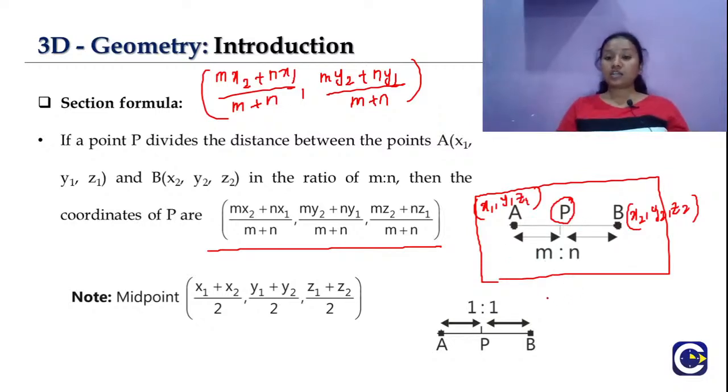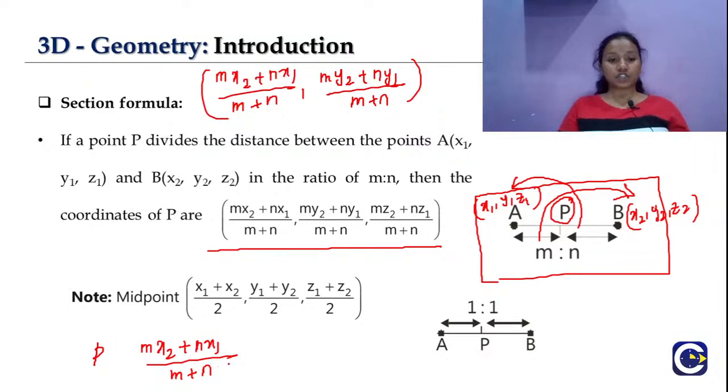Right. So then the coordinates of point P are given by, first the x coordinate. It will be m into x2 plus, it will always be the cross. So m will be here and n will be here. So mx2 plus nx1 by m plus n. So this is the internal division here.